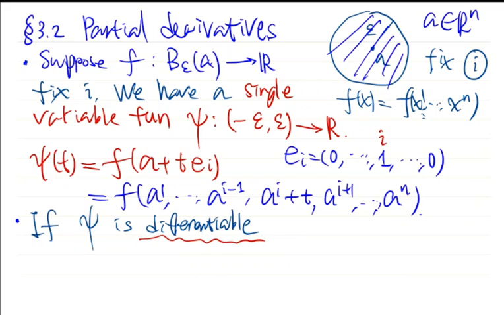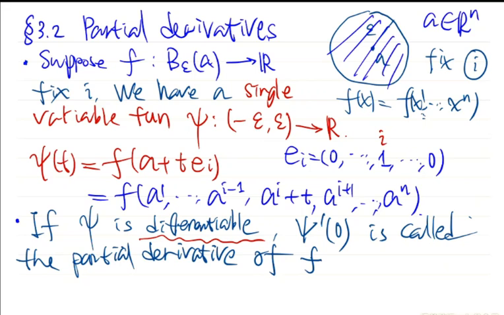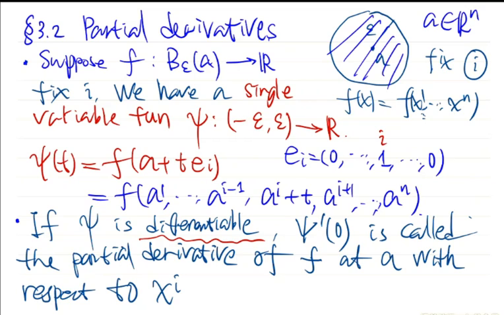And the derivative of Pc at 0 is called the partial derivative of the function f at this point A, with respect to the ith coordinate xi.